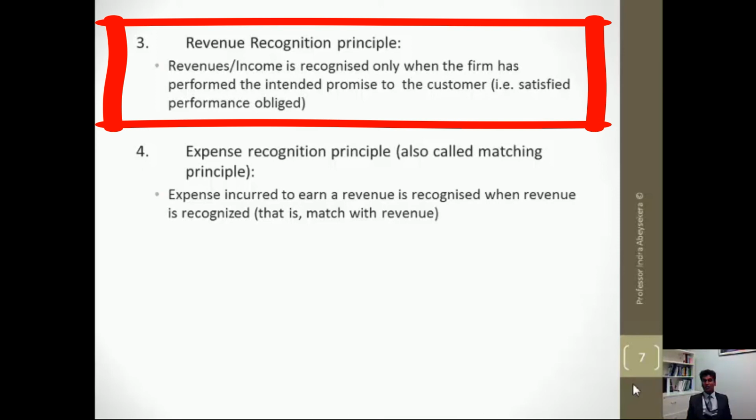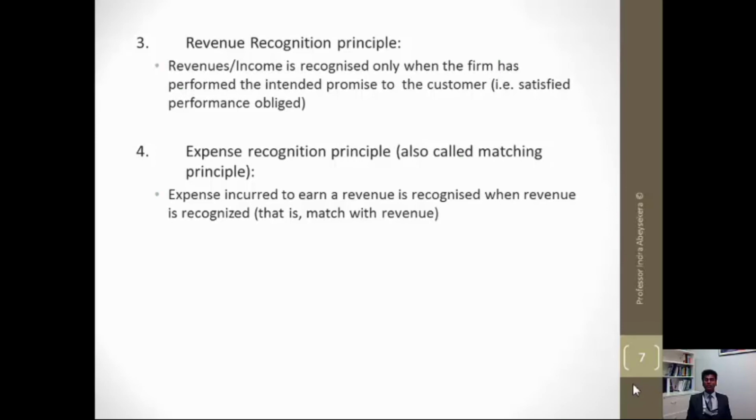Until such time, the revenue is not recorded or the income is not recorded because the customer has not contractually received the product or the service to the satisfaction.